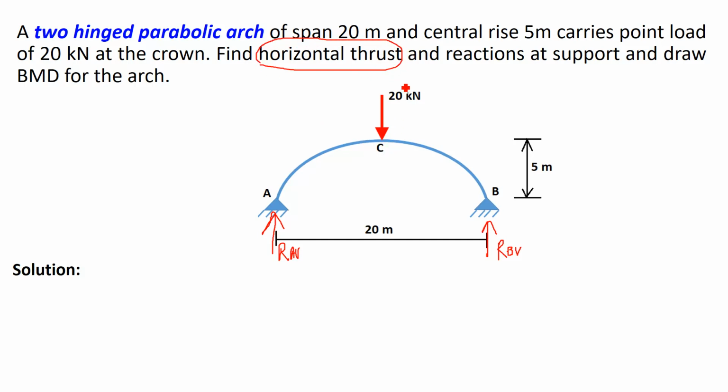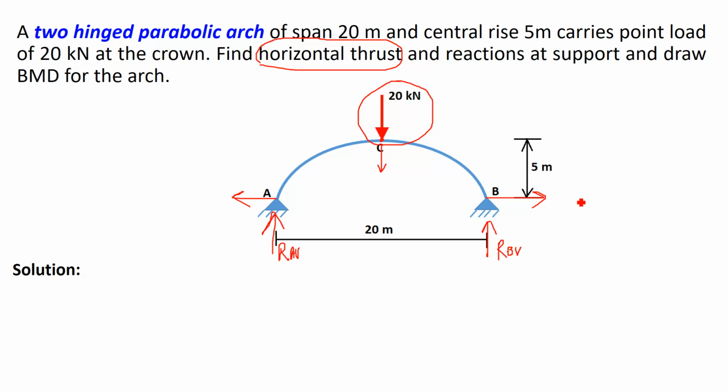Since the arch is subjected to transverse load, this will compress the arch vertically downward. Because of this downward load, point C will try to shift downward. When the arch is compressed downward, support A and support B will try to move outside: A towards left and B towards right.